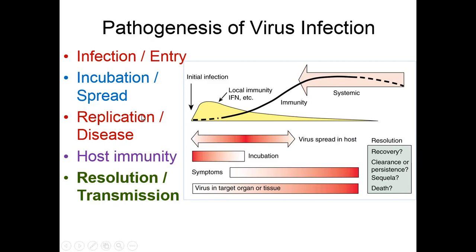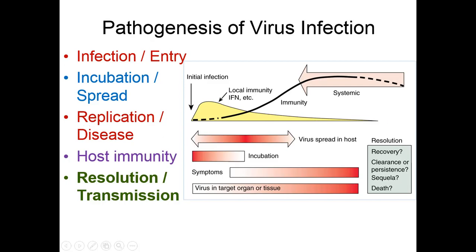And as a result of replication, sometimes local immune response will kick in in the form of interferon to curb and control viral replication. If the local immune response is not successful, the disease will disseminate. So we have spread of the virus and the disease inside of the host.